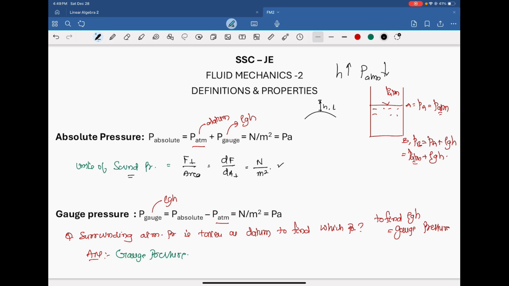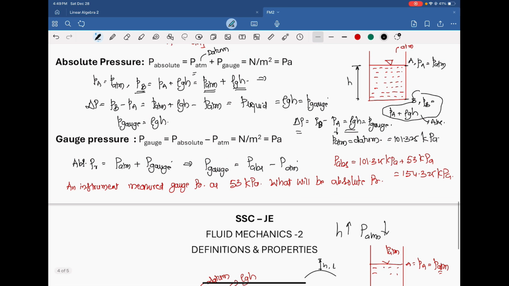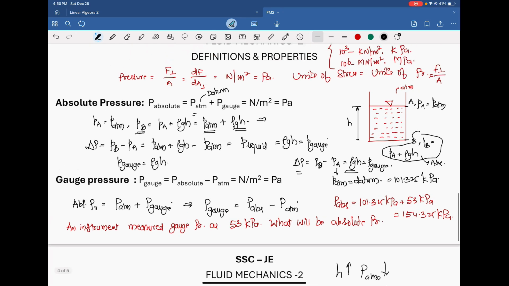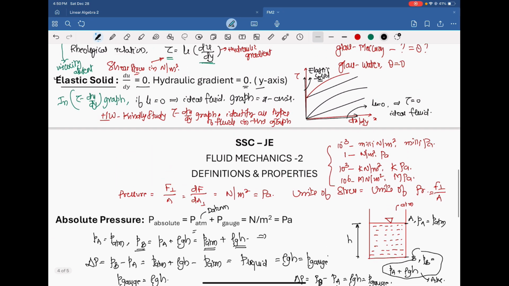Instead of pressure, it is asked units of sound pressure. Instead of the definition of gauge pressure, they have asked what is the datum used for gauge pressure. It is atmosphere. Because gauge pressure is P absolute minus P atmosphere. Atmosphere is to be deducted. That is the datum.